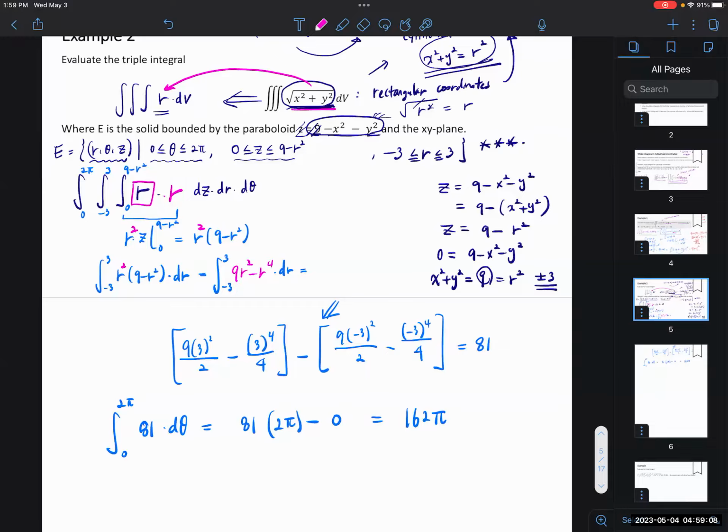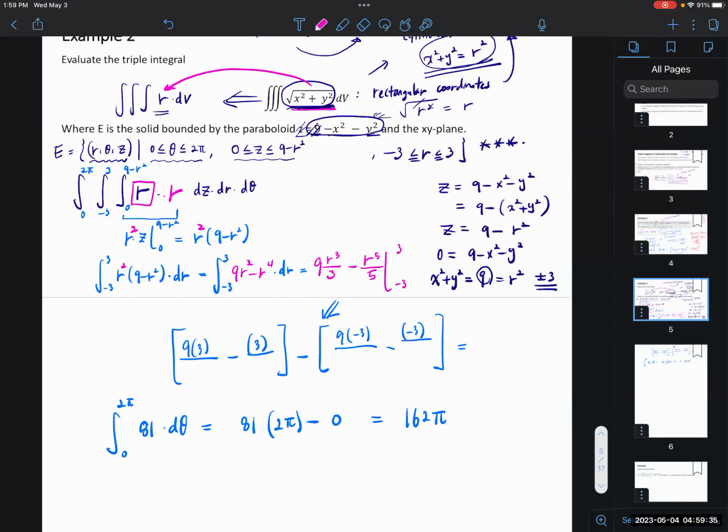That's my mistake, right? So when you take the integral, it should be 9 r to the third over 3, r to the fifth over 5 from -3 to 3. Actually, that's something you need to do because there's an extra r. So this part, we have to just modify.